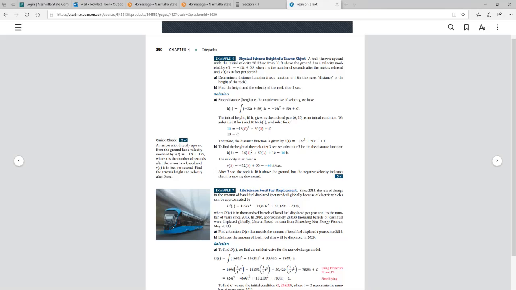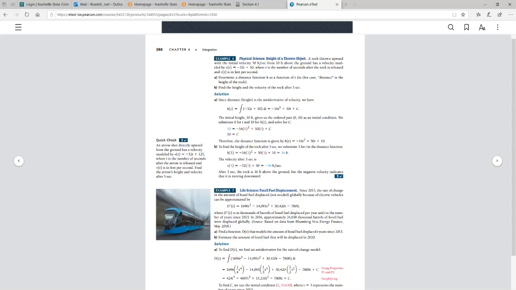Part A says determine a distance function h as a function of t. In this case, distance is the height of the rock. And then part B says find the height and the velocity of the rock after 3 seconds.